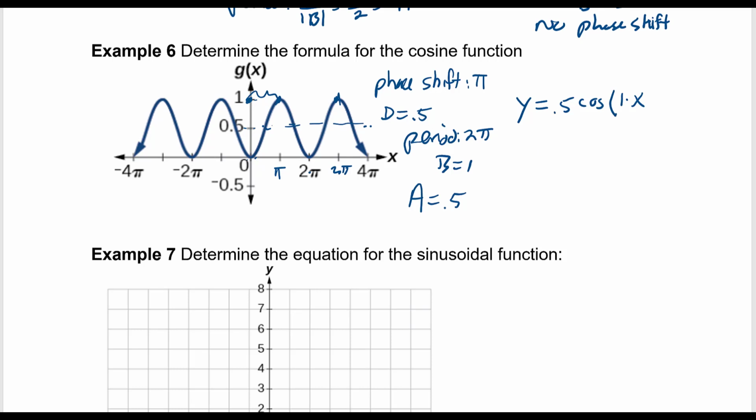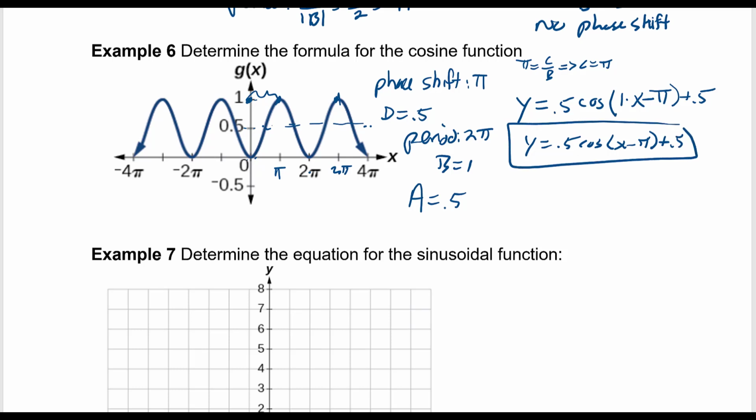Now notice pi is going to be c over b, and since b is 1, c must be pi, minus pi plus 0.5. So y equals 0.5 cosine of x minus pi plus 0.5.